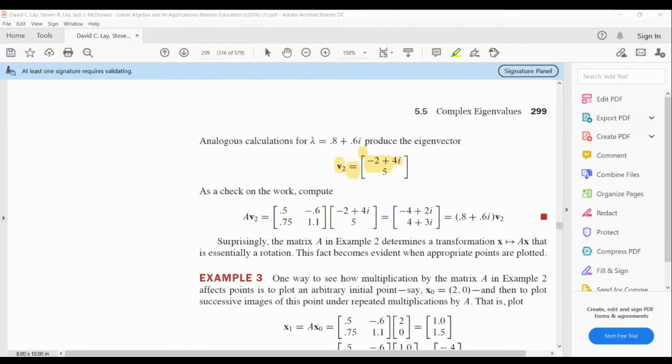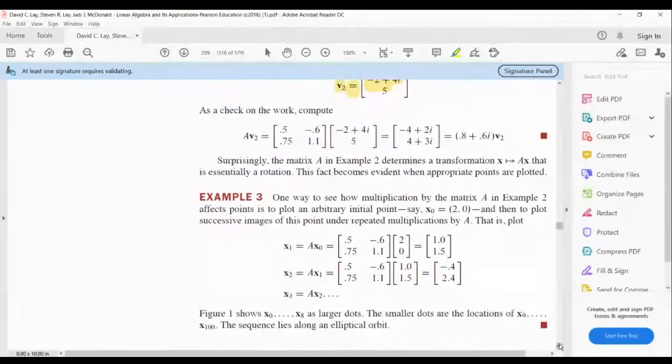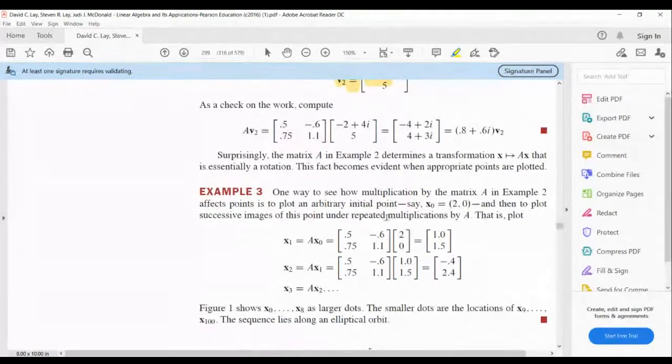And then they do point something out here in example 3. They talk about how if you take x sub 0, that initial value of 2, 0, and multiply it by A, you're going to get x1, and that's going to be 1.0 and 1.5.